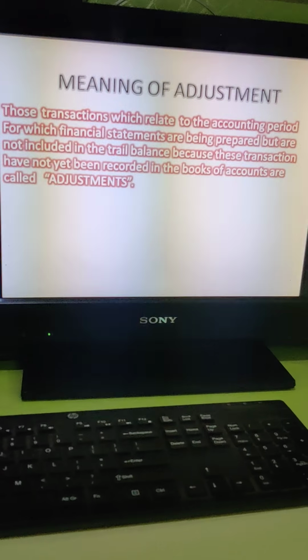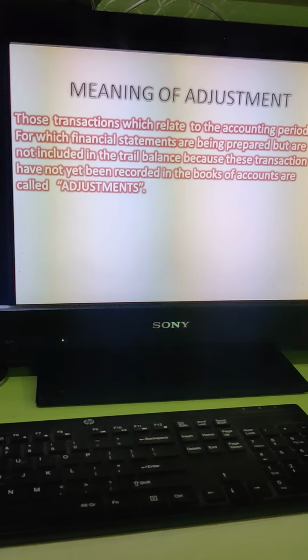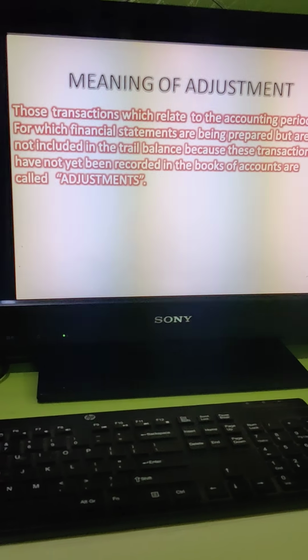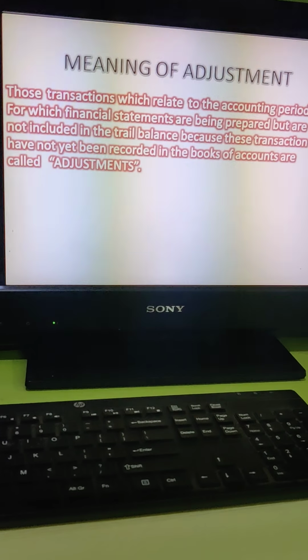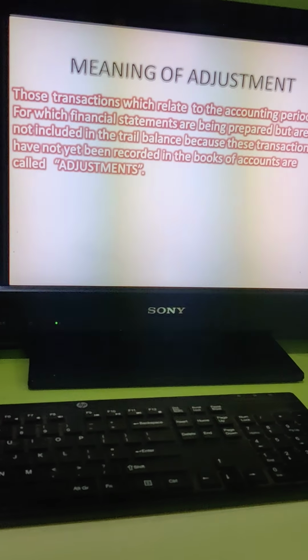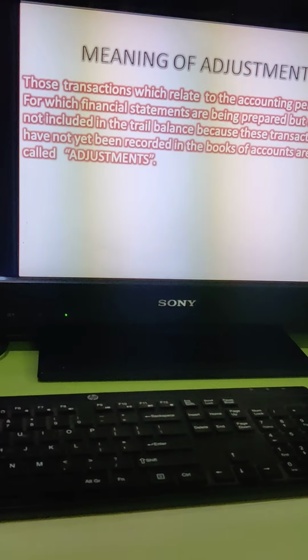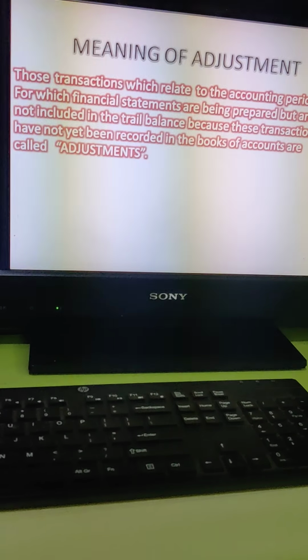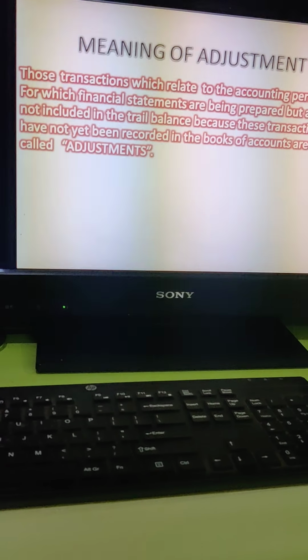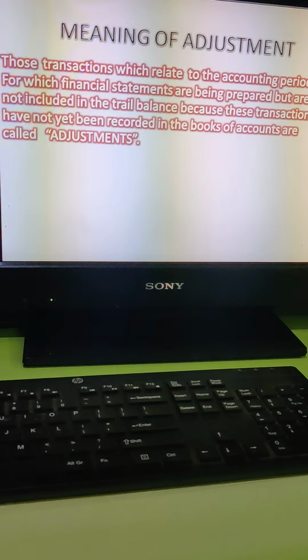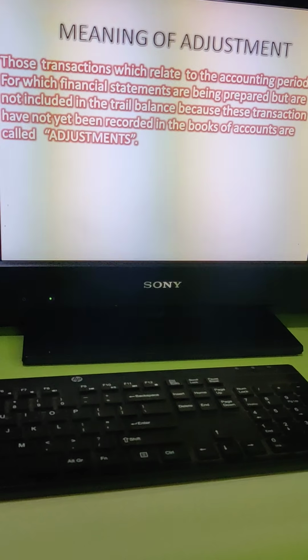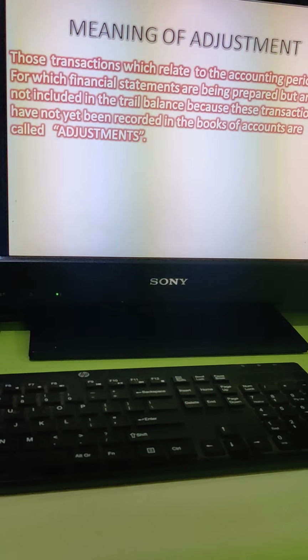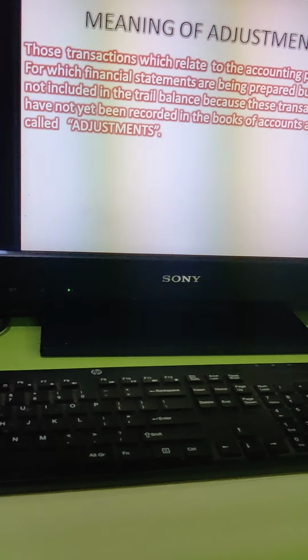Many a times the occurrence of the transactions happens after preparation of the trial balance. So in that case, the trial balance will not have the account of these transactions. This is the reason why the transactions are entered via adjustments. So we are not going to study more in detail about adjustments right now.